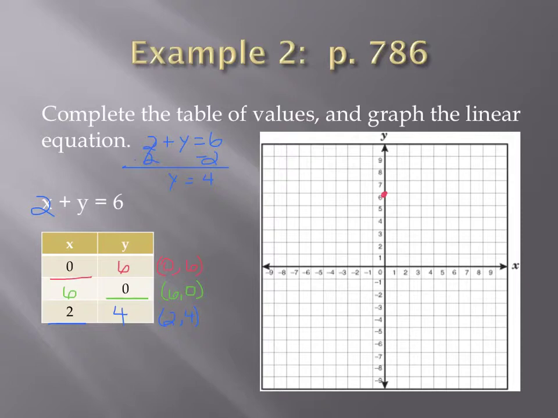Then 6, 0 means I'm going to go 6 spaces to the right on the x-axis, then 0 up and down. And then 2, 4. So over to 2 and up 4. And then I can connect those to make a straight line.